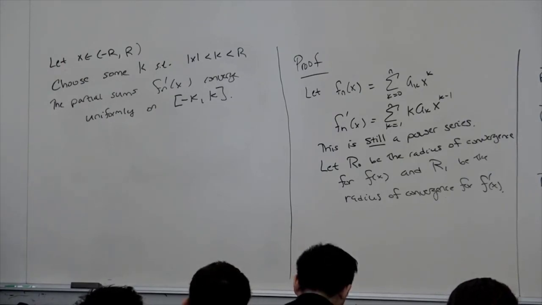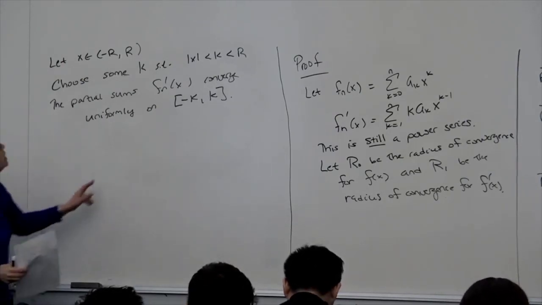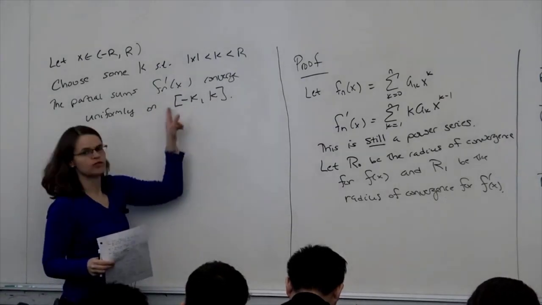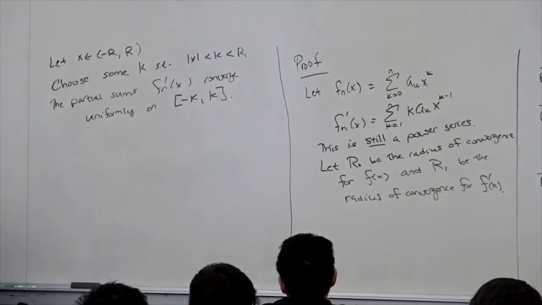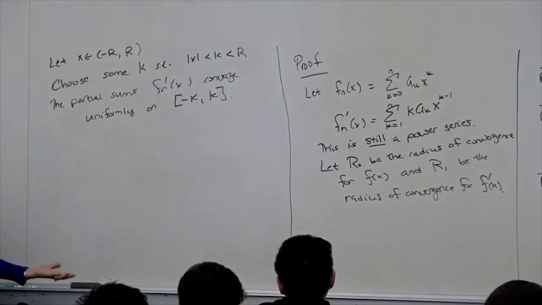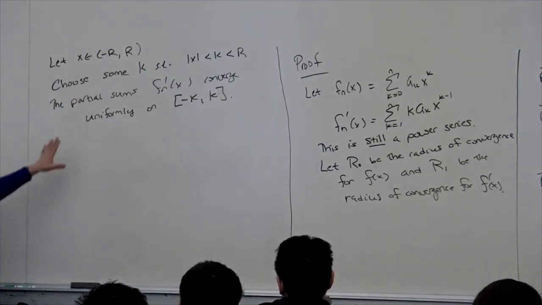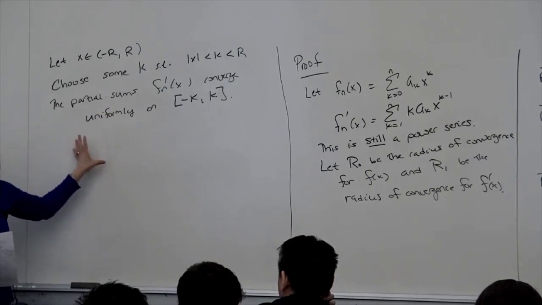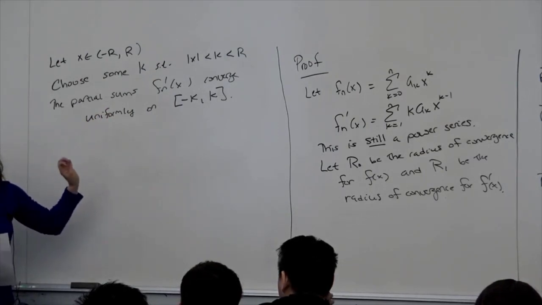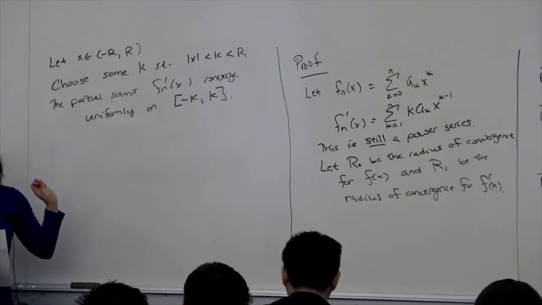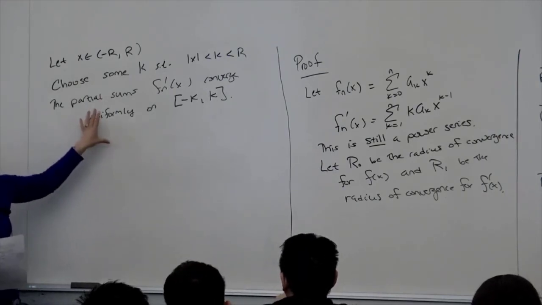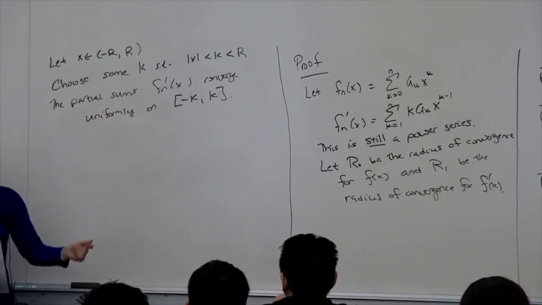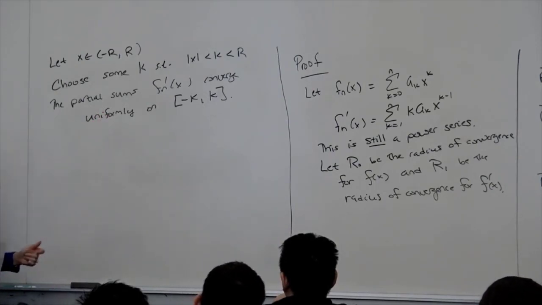As long as we're within the radius of convergence, as long as we pick something that is within minus R to R, we just showed that the Weierstrass M-test tells us convergence is uniform. So these partial sums converge uniformly, and that was the extra ingredient that we needed last class in order to say yes, we're allowed to take derivatives. So without even knowing what they converge to, we can just say actually they converge to what we want. We proved that last class.